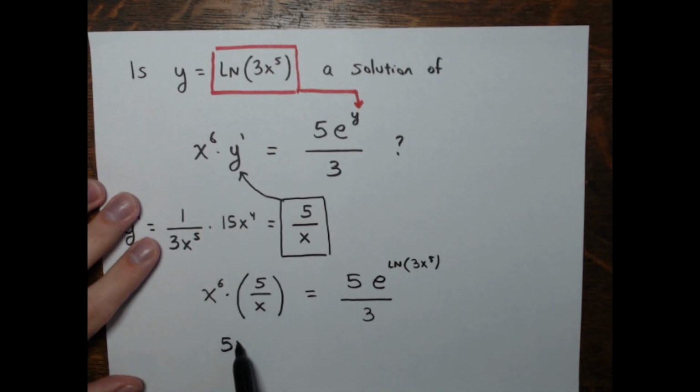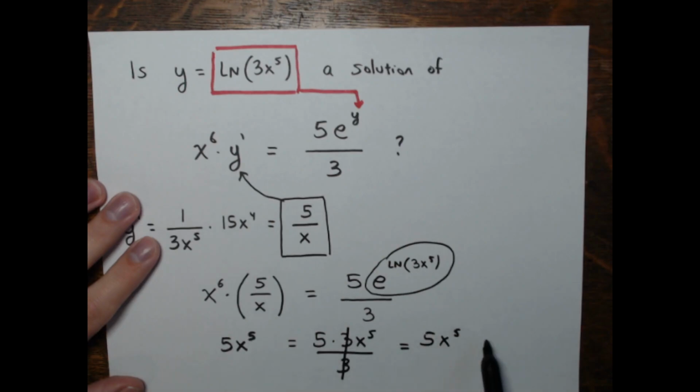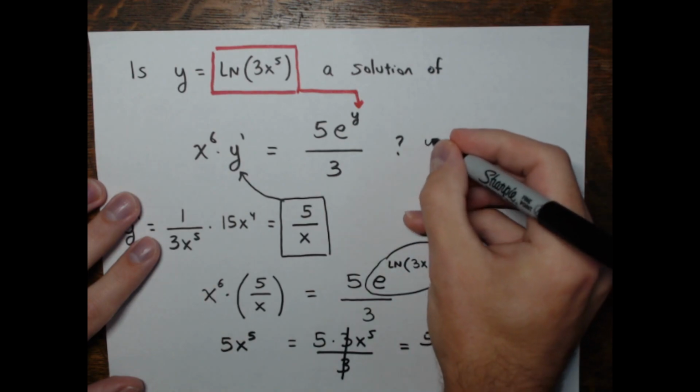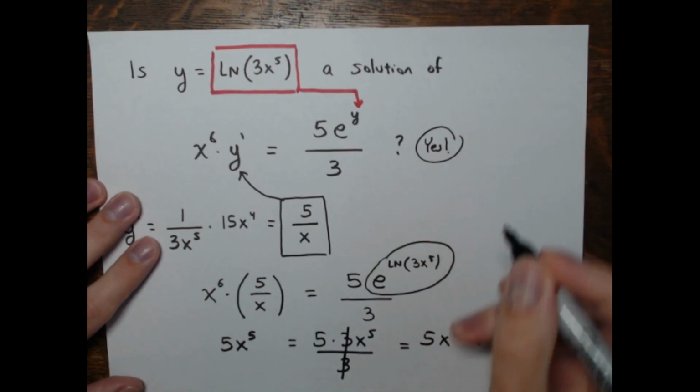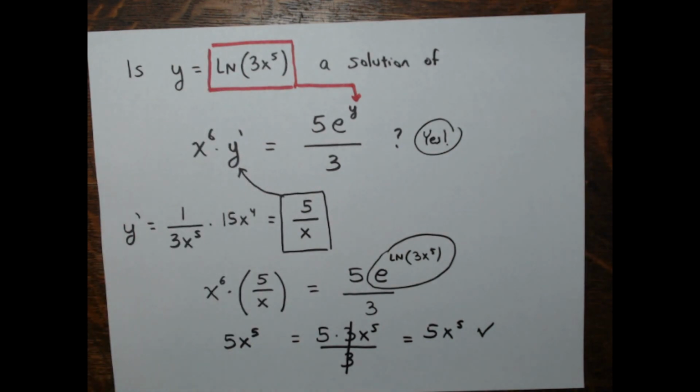So this is 5x to the 5th on the left. And then we have 5 times, and then here, e raised to the natural log of something is just that thing. So it'd be times 3x to the 5th over 3, and you see the 3's canceling here, and look, both sides are the same. 5x to the 5th equals, after canceling the 3's, you'd also have 5x to the 5th on the other side. Check. Yes, this is another yes. The function we were given does satisfy the equation we were given.